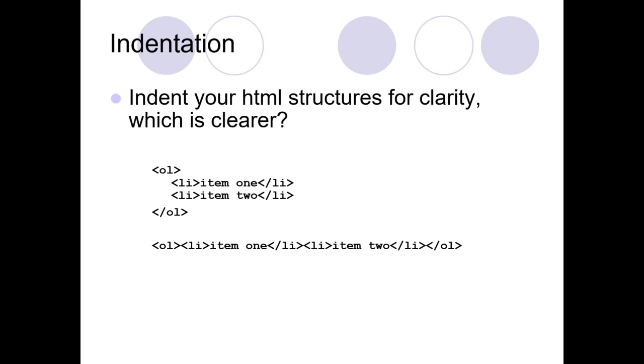If you want a list, you start with OL and a closing OL to end. In between, you have the LI tags, which define the list items that you want, like a menu or whatever. So the first one clearly shows that the LIs live inside the OLs, whereas the second one is a bit more messy. Hard to tell that the LIs live inside the OLs, to my eye anyway.